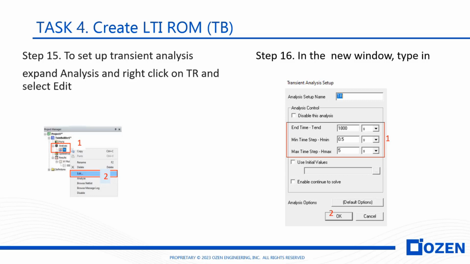So now we want to do our transient analysis. We essentially have provided a time versus load in a sense for 1800 seconds, and now we're going to let the solver solve for these time steps using the reduced order model.